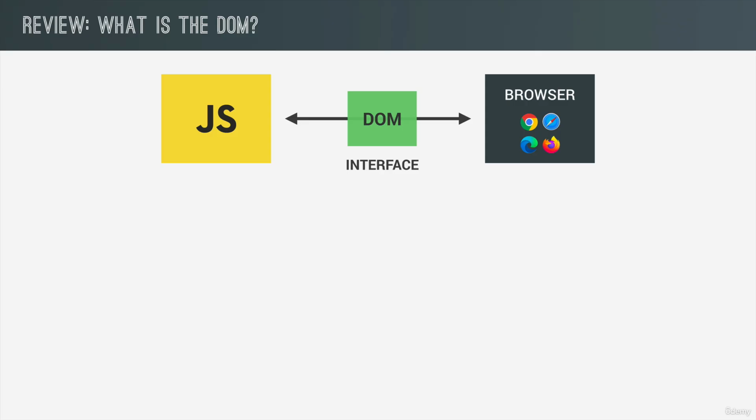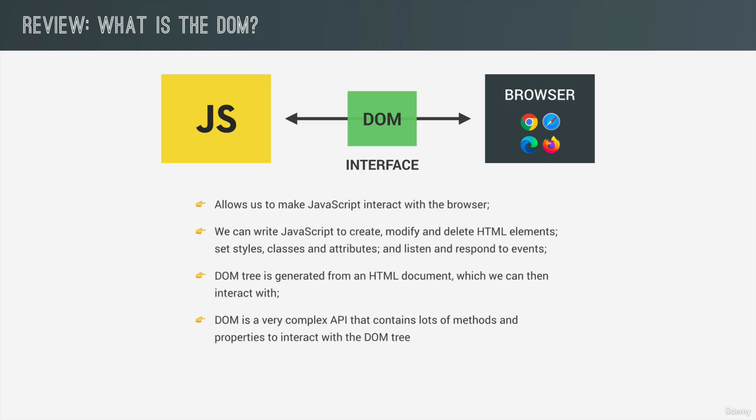So let's remember what we already know about the DOM, which is that we can use it to make JavaScript interact with the browser. And again, more specifically, we can create and modify and delete elements, set styles and classes and attributes, and listen and respond to events.